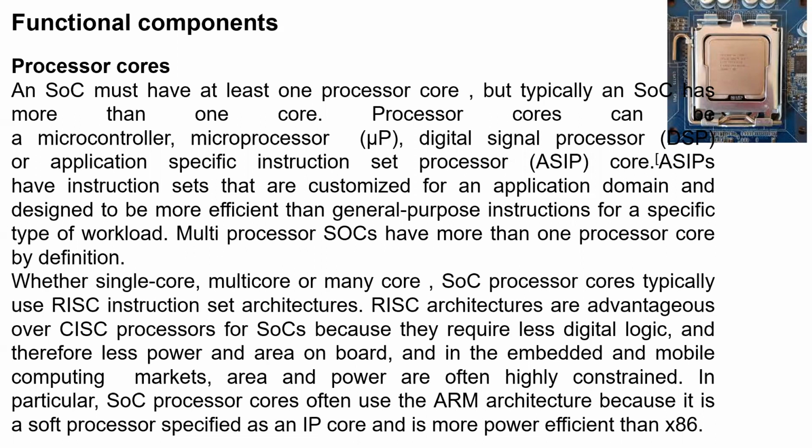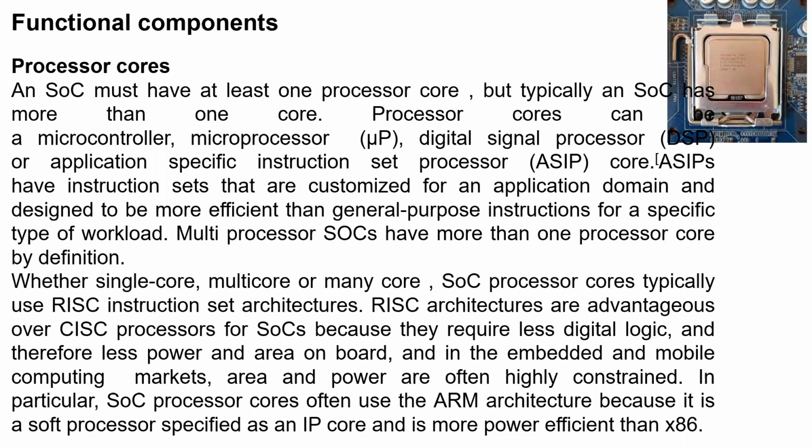In particular, SoC processor cores generally use what is called the ARM architecture. This ARM architecture is also called a soft processor architecture. It follows RISC architecture, and it is more power efficient than the Intel x86 CISC architecture.